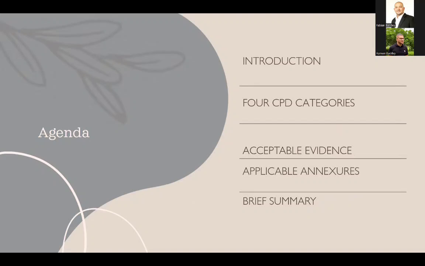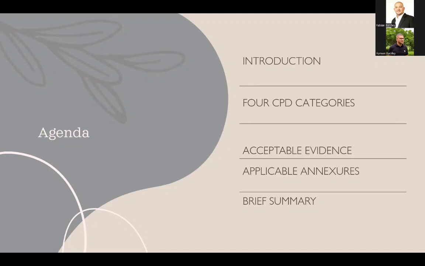So on the agenda, we've got an introduction, which we'll go through in terms of what we're going to cover. We're going to also go through the 4 CPD categories. Those are the areas that you need to ensure your credits or your points for over your CPD cycle, which splits up into 4 different categories.